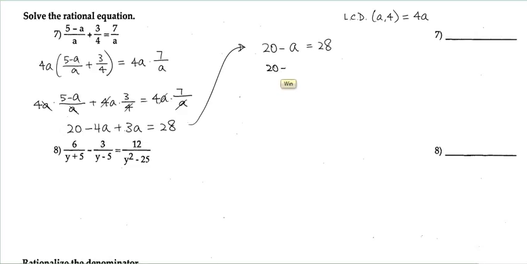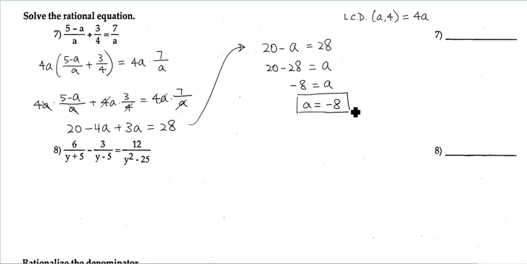So I get 20 minus 28 equals A. So I have negative 8 is equal to A. That means A is equal to negative 8. Now it's absolutely fine to have the variable on the right-hand side for whatever reason, but try to keep the variable positive. It will save you from a lot of trouble.